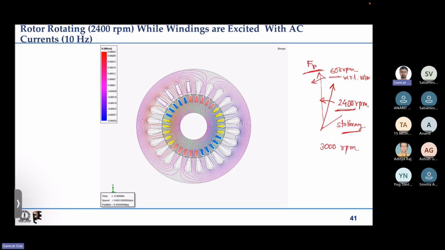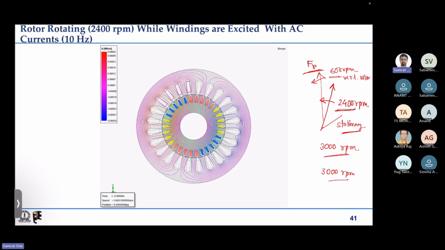Yes, we have seen that if we excite the stator winding with 50 hertz current, then the rotating magnetic field generated by the stator also rotates at 3000 rpm. So that is how we get two fields, one because of the stator and another because of the rotor, both rotating at the same speed, 3000 rpm, with respect to a stationary reference frame.